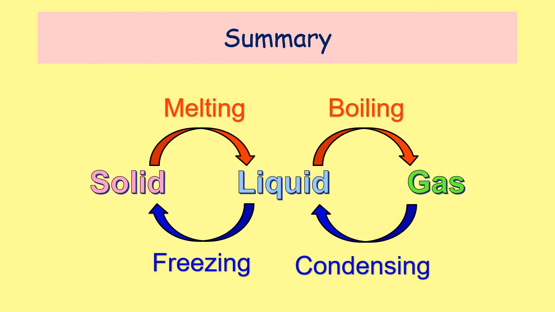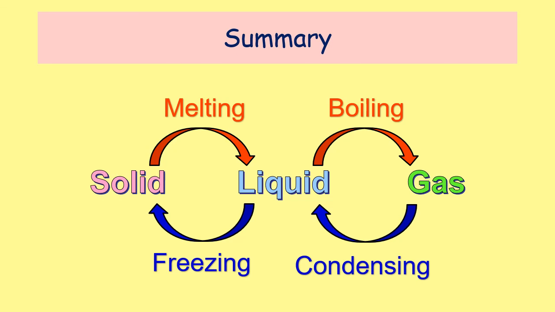So this slide is just a summary of the processes that you need to know and hopefully can remember from this lesson. So a solid turning into a liquid, you need to heat it up a lot, and that process is called melting. Turning a liquid into a gas, you need to heat it up, and that process is called boiling.